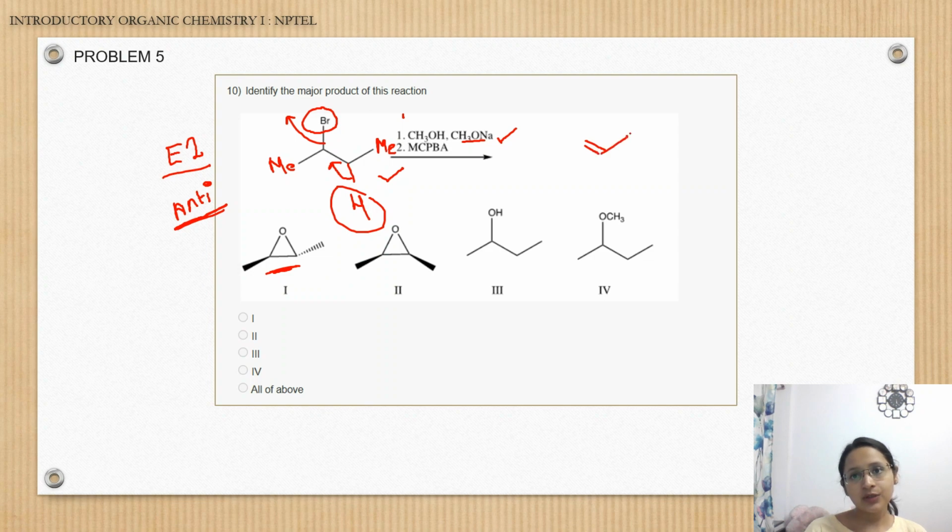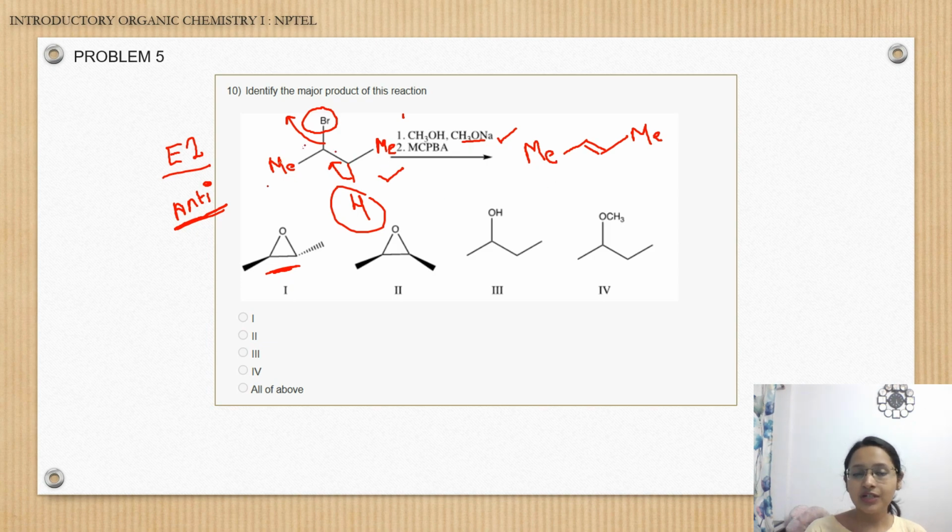see, whatever the stereochemistry was, it will remain as it is because you have not moved any of the bonds, you have just eliminated this HBr as it is. So what was the stereochemistry previously, that these 2 methyls were trans to each other, it will remain trans to each other, right?